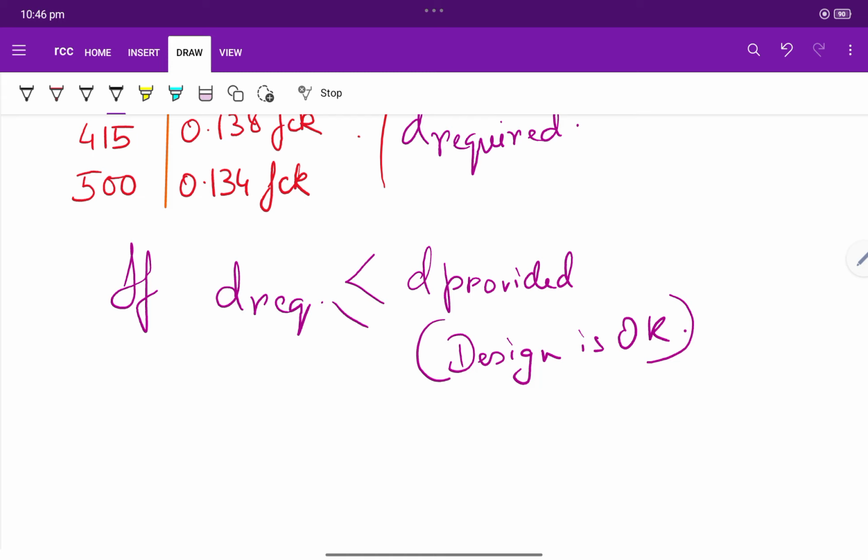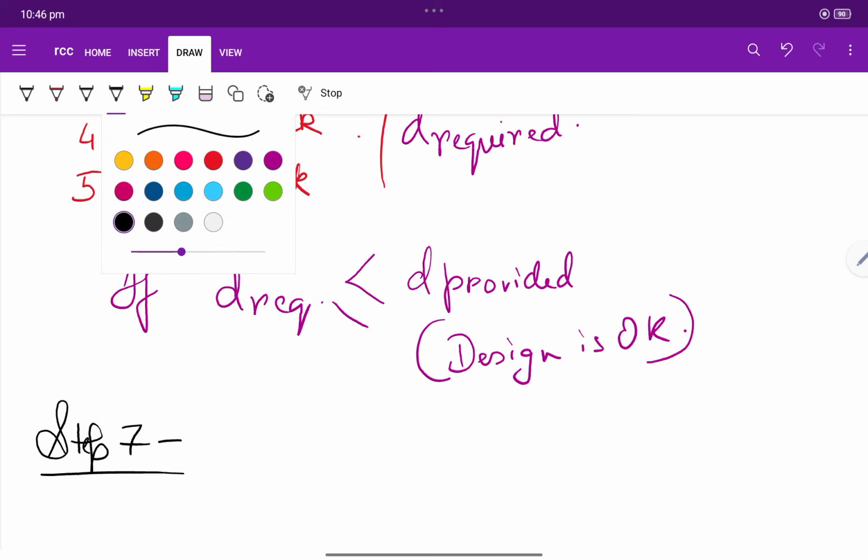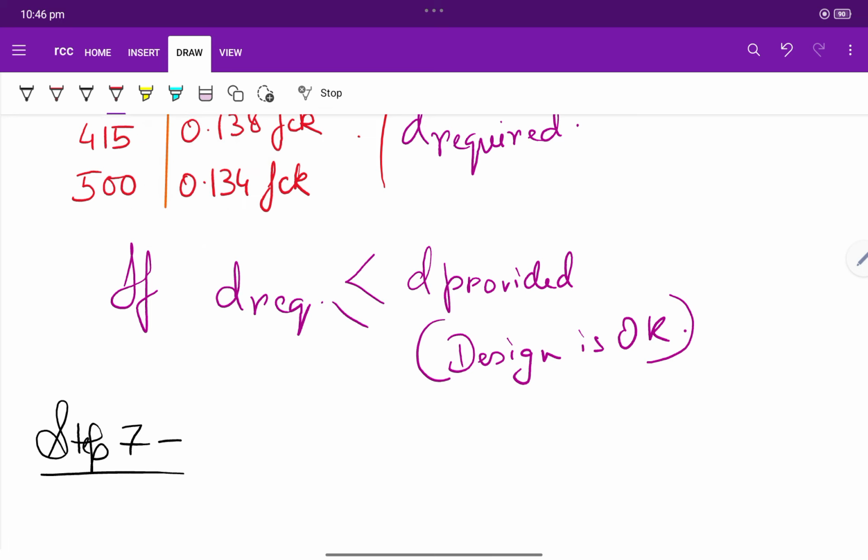The next step is step 7. So let's see. In step 7 we will calculate the main reinforcement.